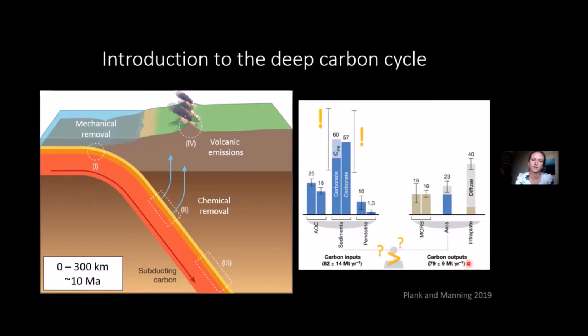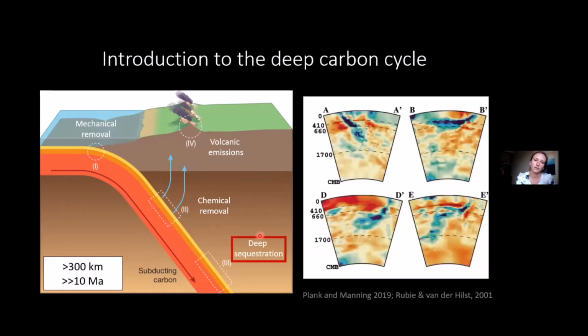This really introduces the final process we need to consider in the deep carbon cycle, and that is simply the sequestration of carbon in the deep convecting mantle. The idea is that perhaps some of these lithologies could maintain their carbon content even through these various chemical and mechanical removal processes, sequestering it perhaps in the transition zone or even deeper in the lower mantle.